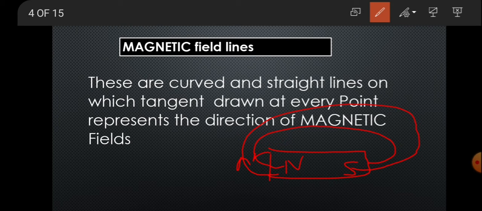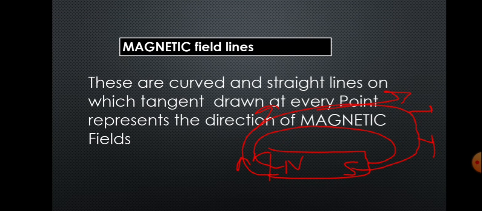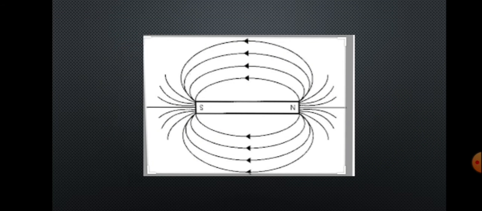These are curved and straight lines on which the tangent drawn at every point represents the direction of the magnetic field. This diagram is showing magnetic field lines.